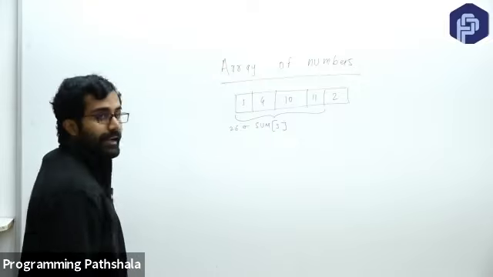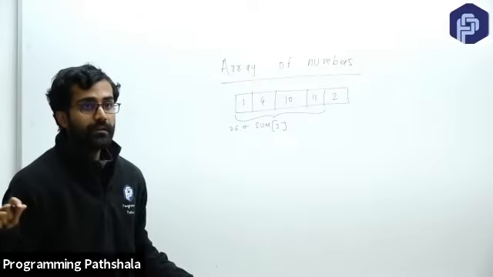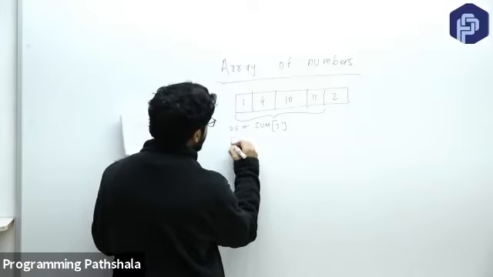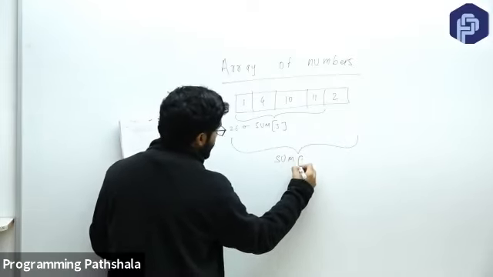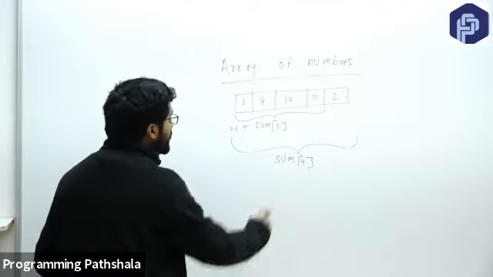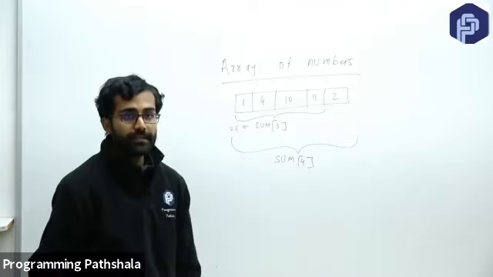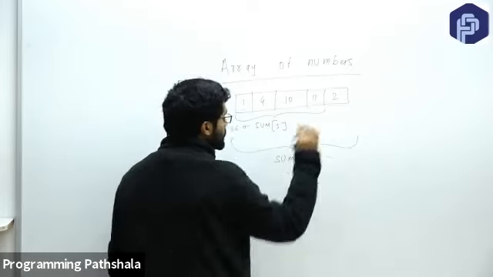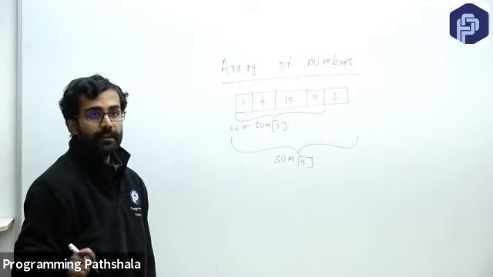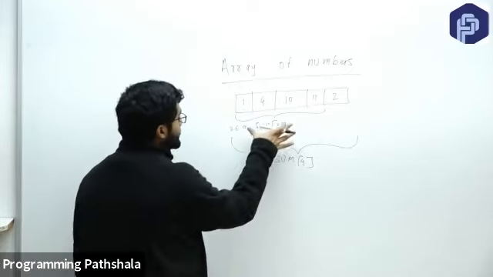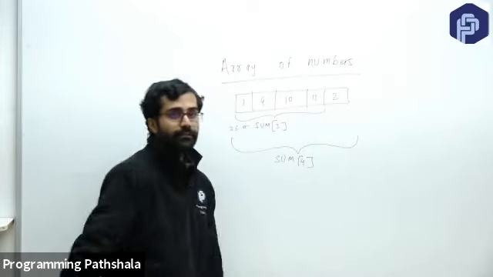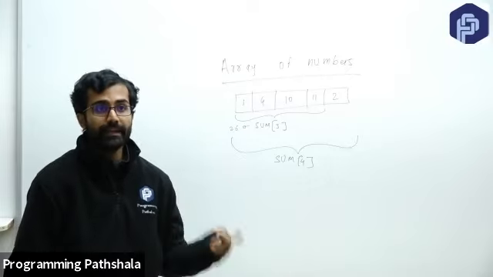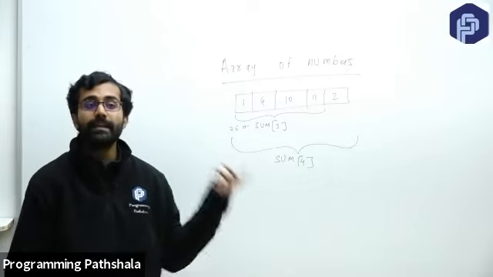Now let's say I want to find the sum from here to here, which would be called sum of 4. Sum of 4 says the sum of the numbers from the 0th index to the 4th index. Now if you have the answer of sum of 3, can you quickly tell me the value of sum of 4? Can I quickly comment on sum of 4 if I have pre-computed sum of 3?